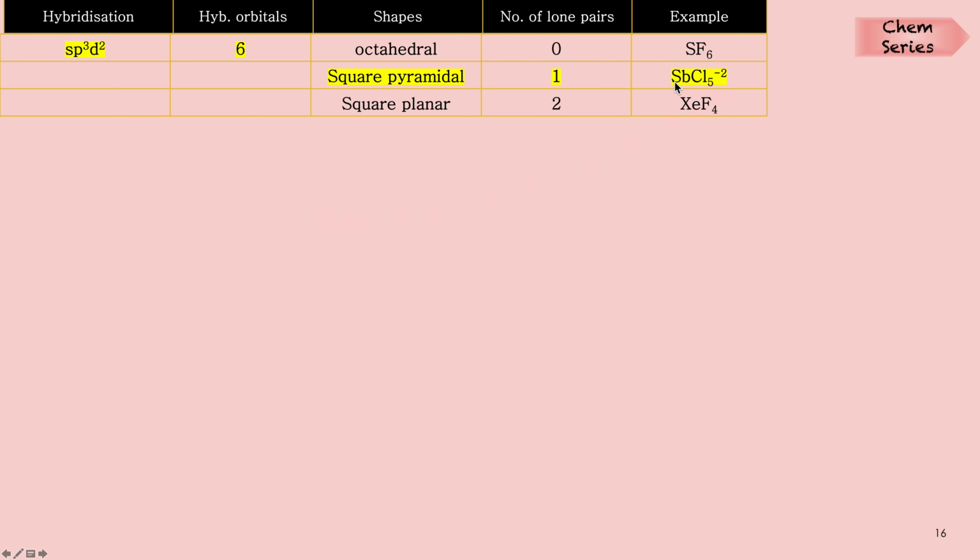The second example will be SbCl5 2-. So here Sb will be your central atom and its valence electron is 5. I have written 5 valence electrons, and also in excess I have written 2 valence electrons because the charge is 2-, that's why I have written 2 excess electrons.